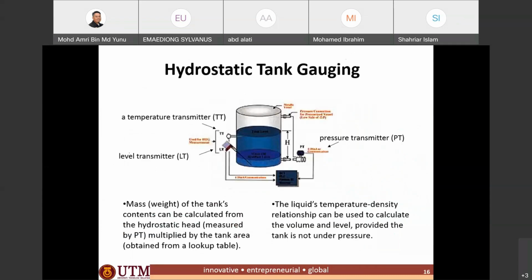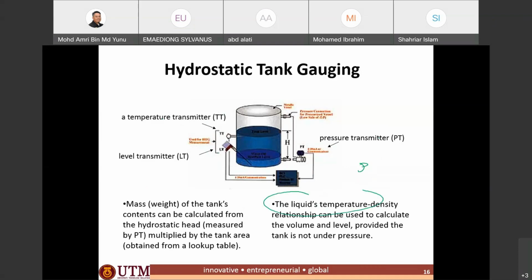In this figure, it shows the complete set of the differential capacitance pressure sensor to measure the height. It includes a temperature transmitter, because the liquid density, rho, is sensitive to the temperature.